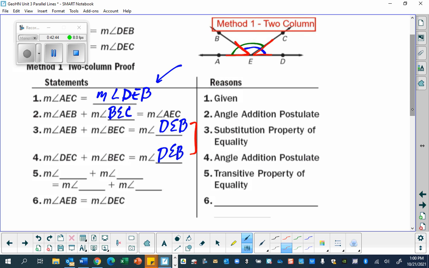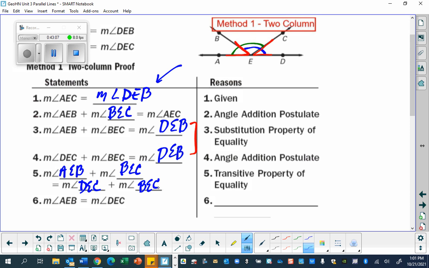So I can go ahead and set those two mathematical sentences equal to each other. So AEB plus BEC is going to be the same as DEC plus BEC.